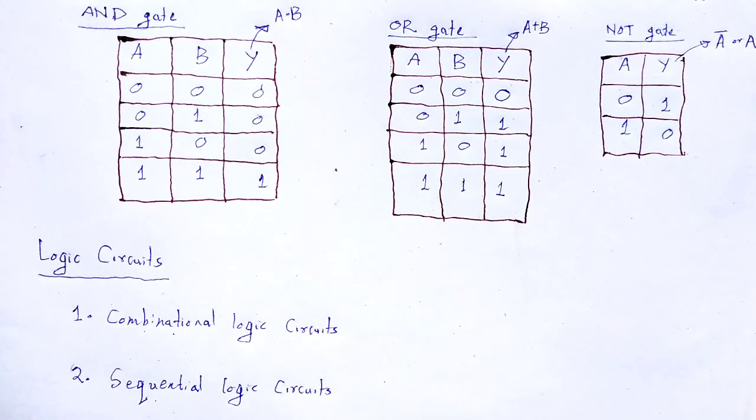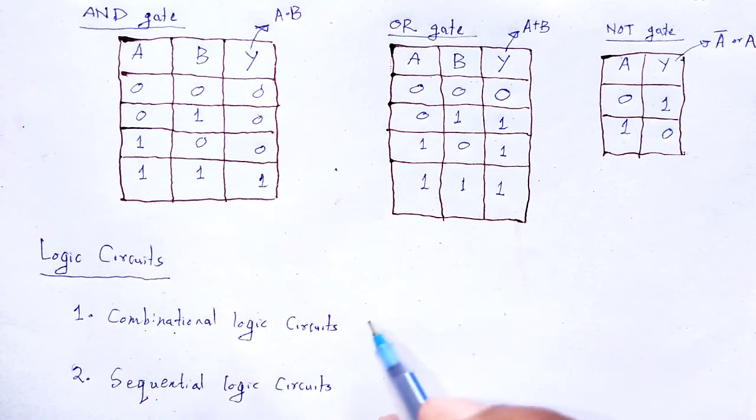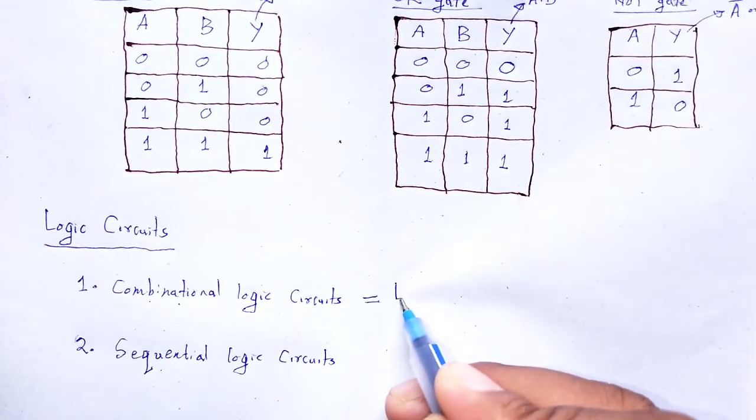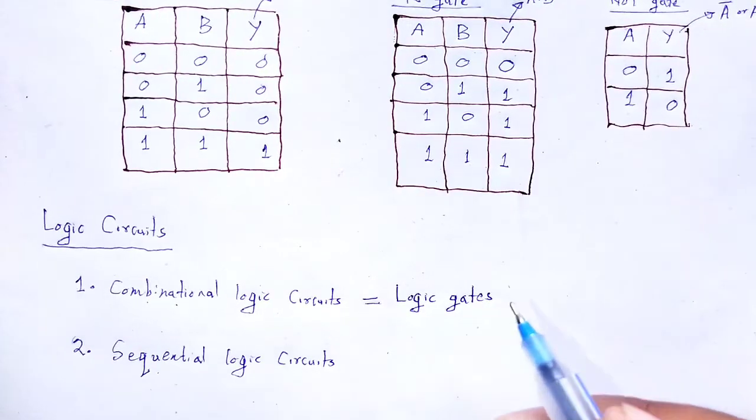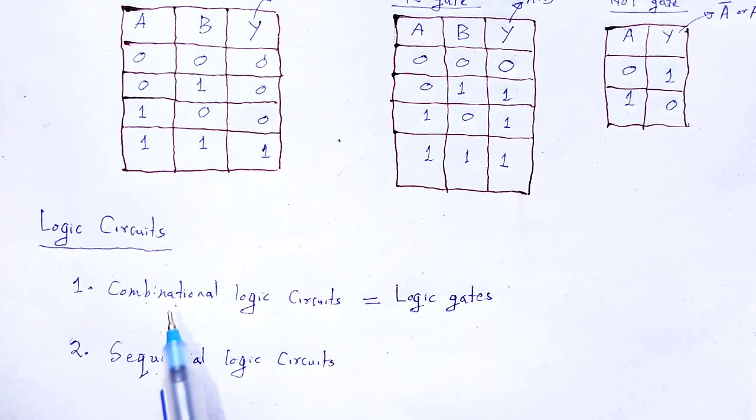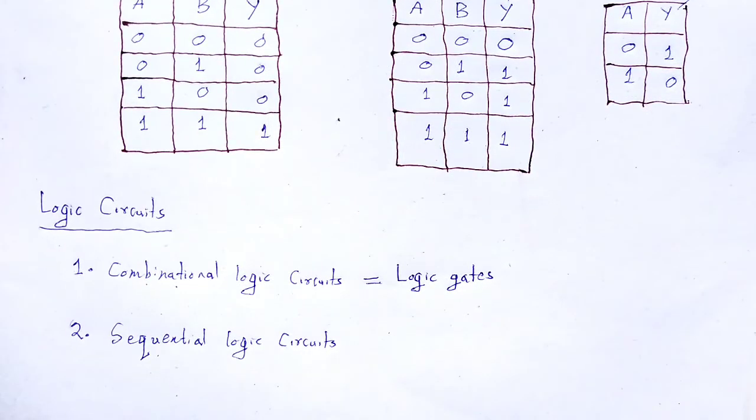What are combinational logic circuits? In that kind of logic circuit, it contains only logic gates, and it does not contain any kind of storage element. Storage elements are the elements which store any kind of data, or we say memory elements.